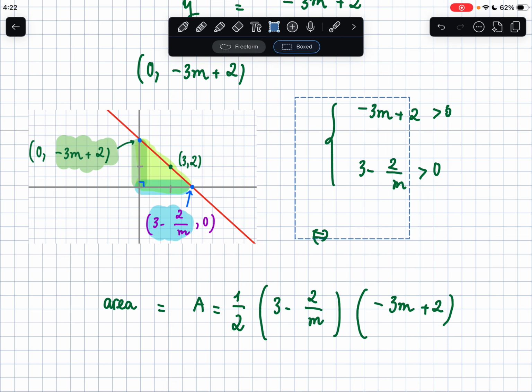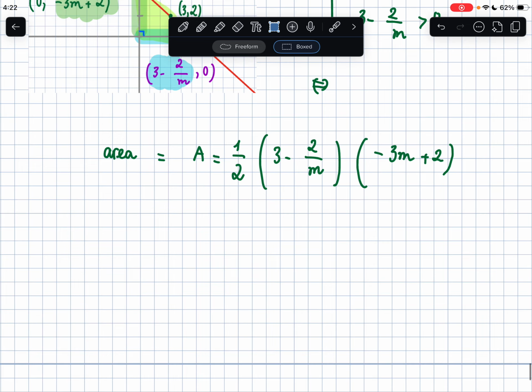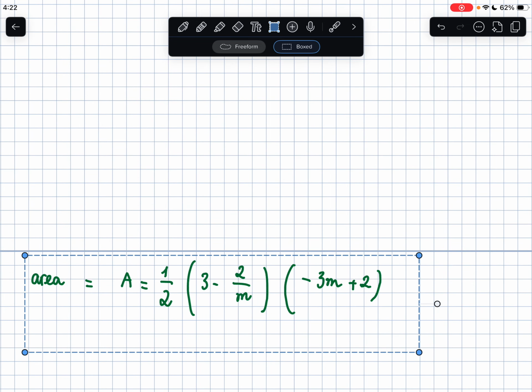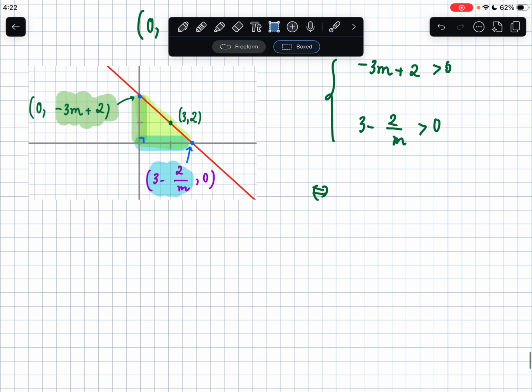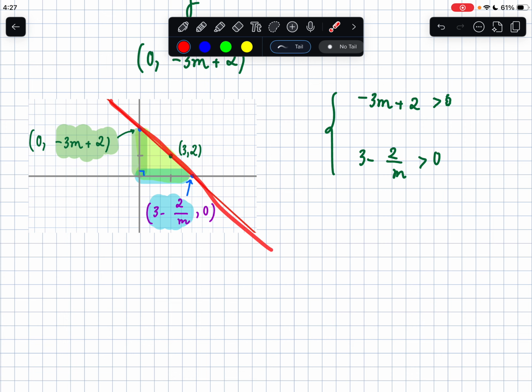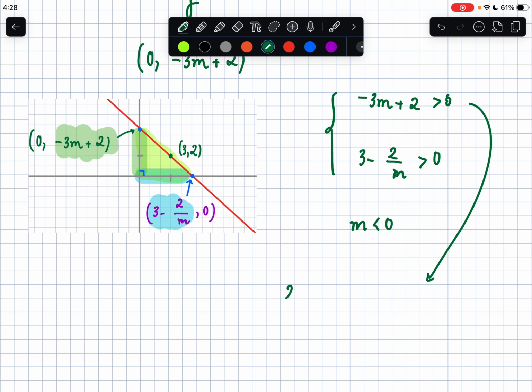So let's look at this. Because our line is going down, decreasing like that, this means that the slope needs to be negative. Our slope m is negative. So let's look at the first condition: 2 bigger than 3m.